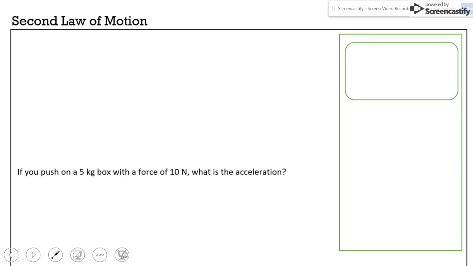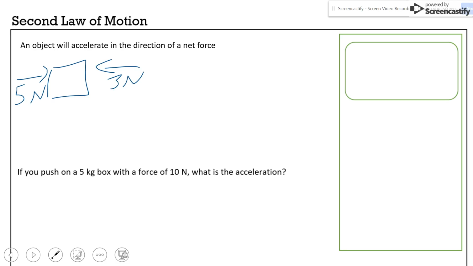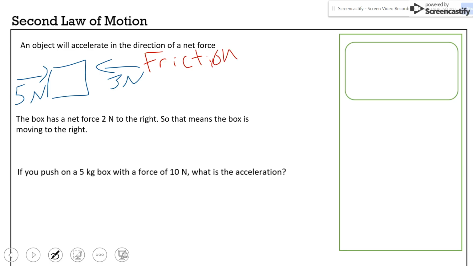Newton's second law of motion. This is the one we are going to spend the most time on. All that states is that an object will accelerate in the direction of a net force. So if we have our generic box, we have two forces acting on it. We have a 5 Newton force pushing to the right, and let's say we have a 3 Newton force, which is going to be friction, pushing against you as you try to push this box.